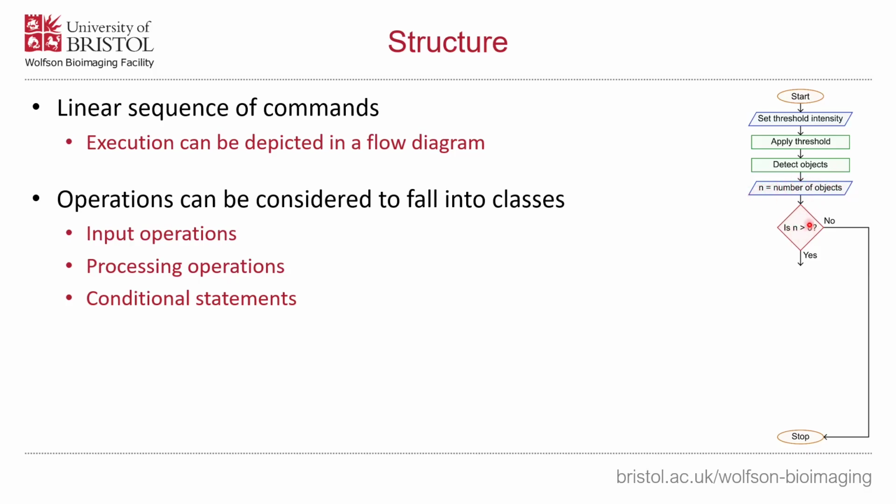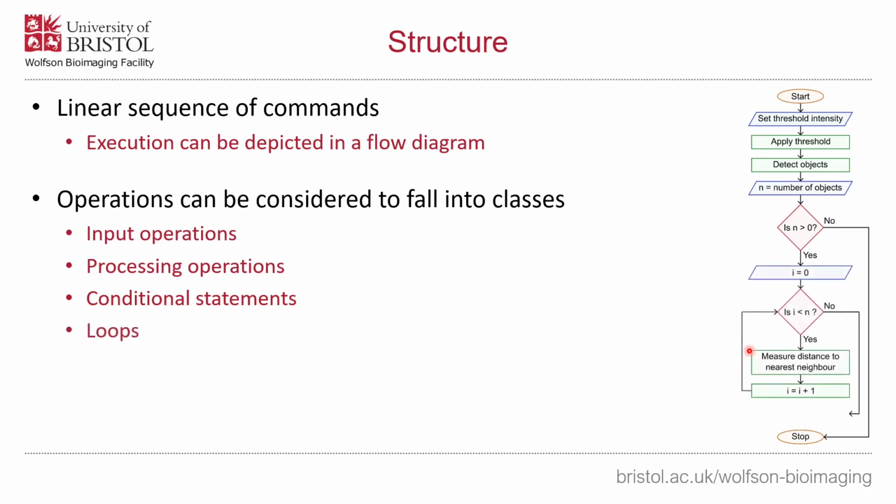Now this conditional statement says, well, is n greater than 0? Because if n isn't greater than 0, we haven't detected anything, and there's no point doing anything else. So we just skip straight to the end, to this stop. However, if that conditional statement comes back true, yes, our n is greater than 0, we've detected something, then we can progress on to the next block.